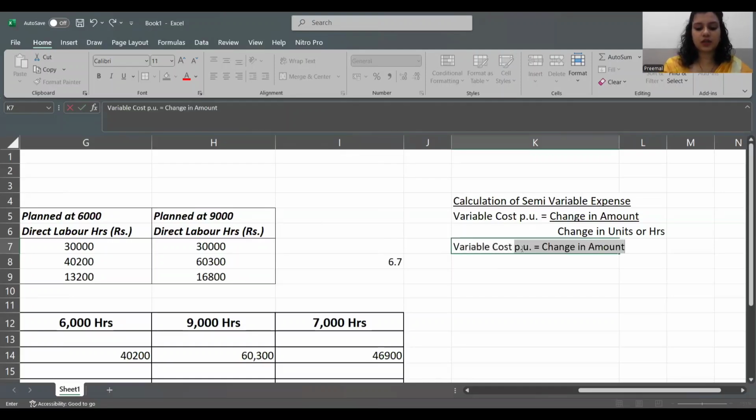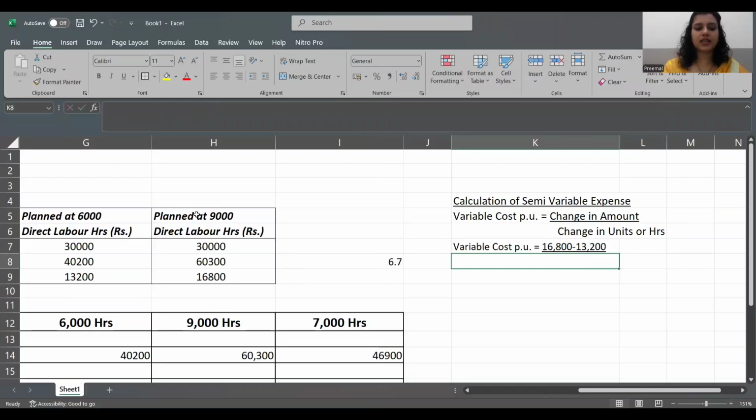So variable cost per unit is equal to change in amount. Over here, miscellaneous expense is a semi-variable expense. Change in amount will be 16,800 minus 13,200. That divided by change in units or hours. In this case, 9,000 and 6,000 are the hours. 9,000 minus 6,000. Okay.